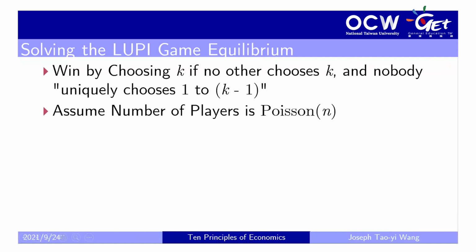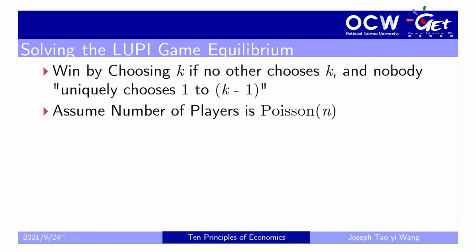This can go on. Well, could you win by choosing 100? Actually, yes. Nobody uniquely choosing 1, all the way up to nobody uniquely choosing 99. And in equilibrium, what should you do?